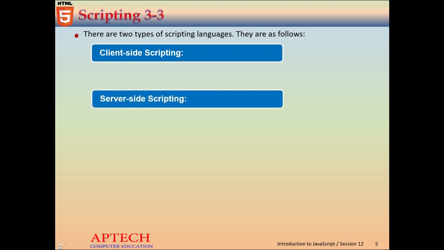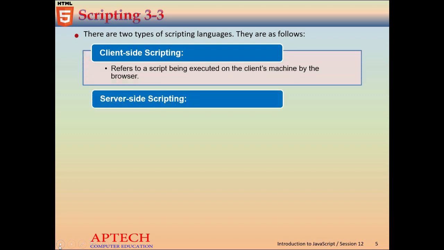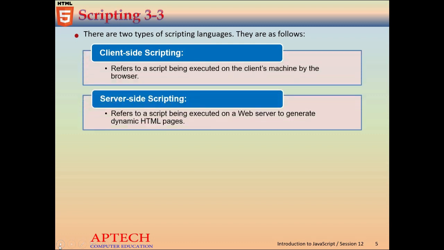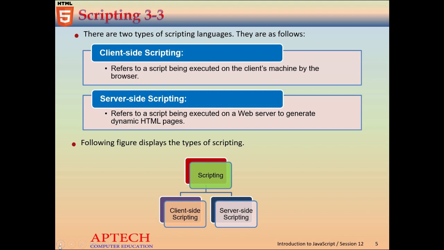So scripting language may be of two types: client-side scripting and server-side scripting. Client-side scripting is executed on the client machine in a browser. Server-side scripting is executed on the server side, on the server machine.